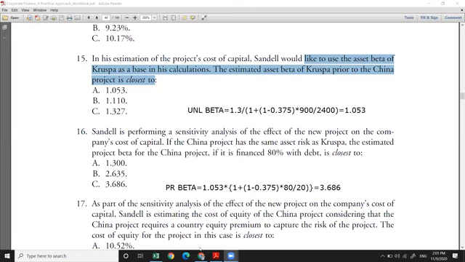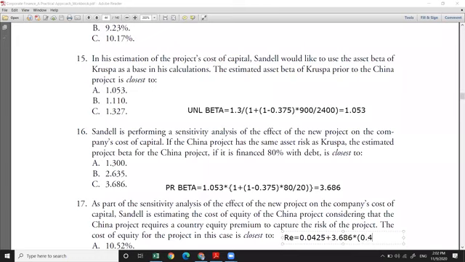So everything is given. I'll put it here. If you find the cost of equity, it is the risk-free rate, 4.25%, plus beta, 3.686, times the equity premium, which is already given and calculated above, 0.0482.